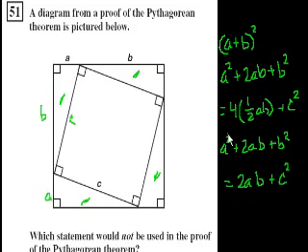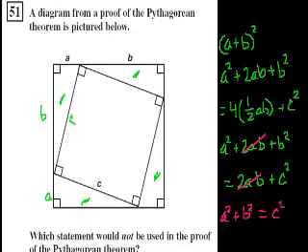Well, we can subtract 2AB from both sides of this equation. If we do that, you're left with A squared plus B squared is equal to C squared, which is the Pythagorean theorem, and we've proved it.